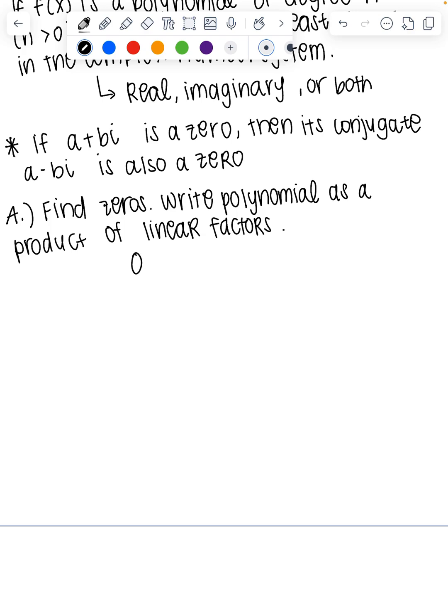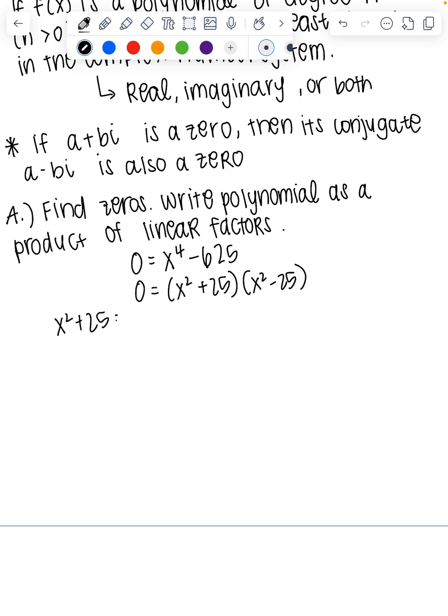Okay, you have 0 is equal to x to the 4th minus 625. Okay, this is actually a difference of squares. So you have 0 is equal to, I have x squared plus 25, and then x squared minus 25. Okay, and so now that I have my factors, I'm going to set them each equal to 0. So I have x squared plus 25 is equal to 0, and I have x squared minus 25 is equal to 0.